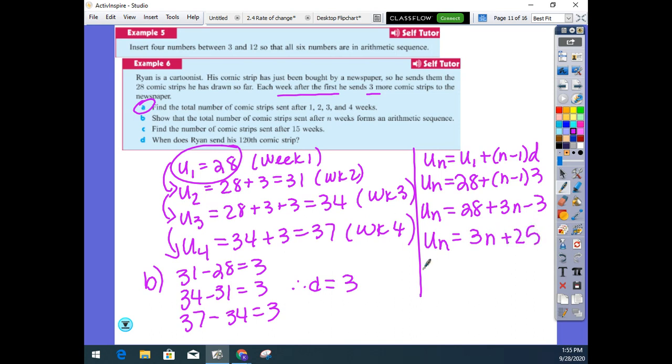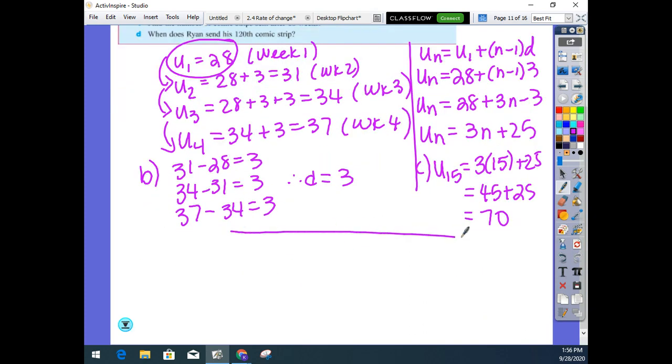Because now, for letter C, I want to find u sub 15. So I can just plug 15 in for n. So far he has sent 70 comic strips. Okay, so when does he actually send his 120th strip? So that's using this formula.